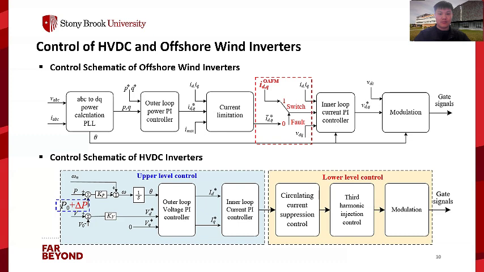The inner loop current controller receives the current references generated by the outer power loop controller. During faults, the outer loop controller is bypassed, and the inner loop current controller receives the current references generated by the OEFM controller. For the HVDC inverters, we directly change the power reference to adjust the output active power to maintain frequency stability.